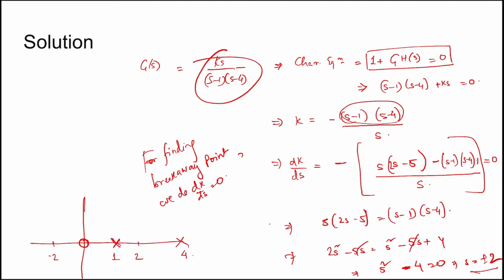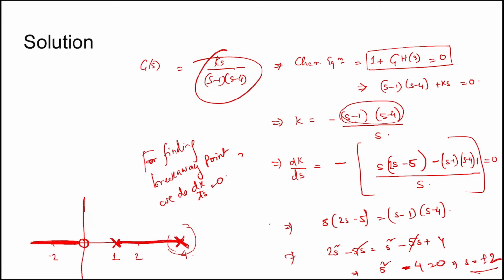However, we know that root locus on the real axis will exist in those regions which are left of an odd number of poles and zeros together. So here is that region, and then again this region, where the root locus will exist on the real axis.